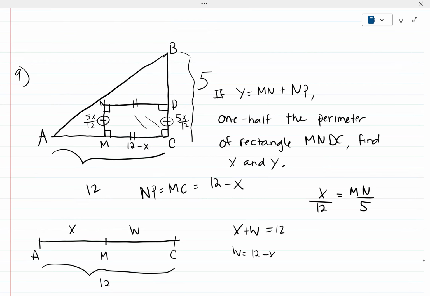Okay, so now what I'm going to do is draw our two triangles, if it makes it easier. I should have drawn that triangle. Let's draw our two triangles.